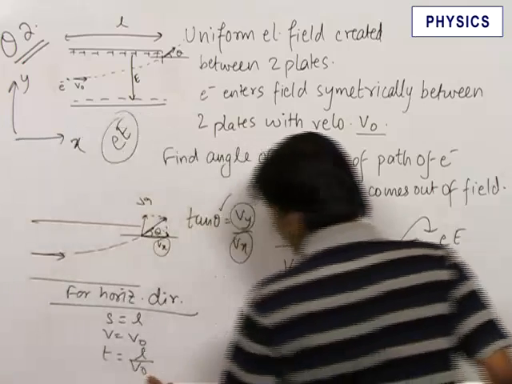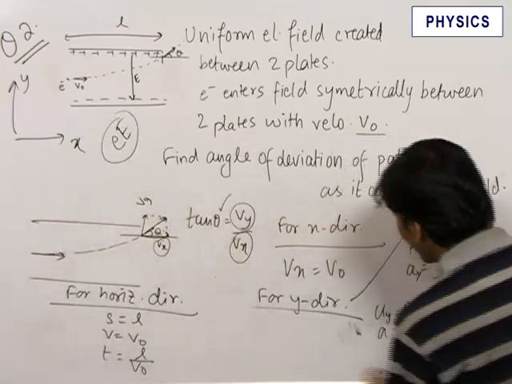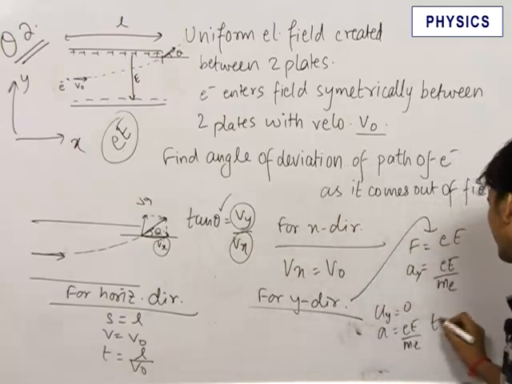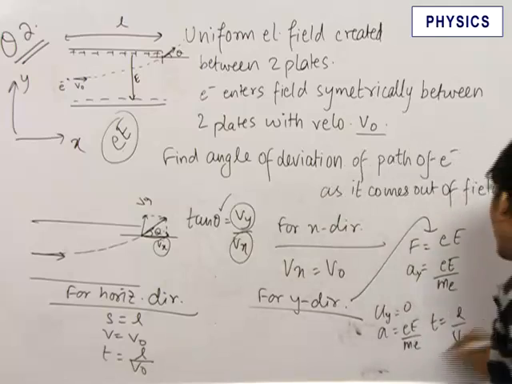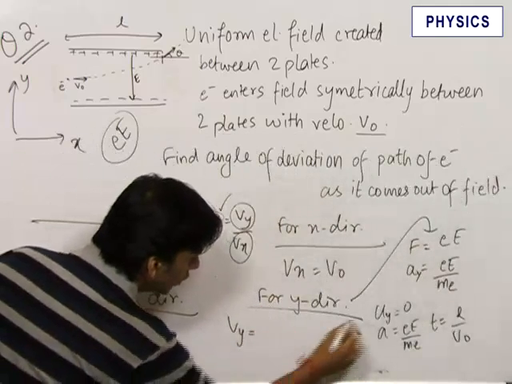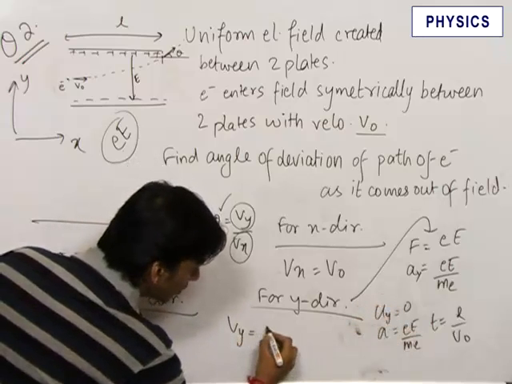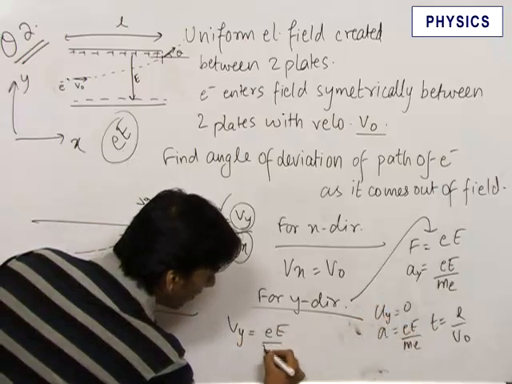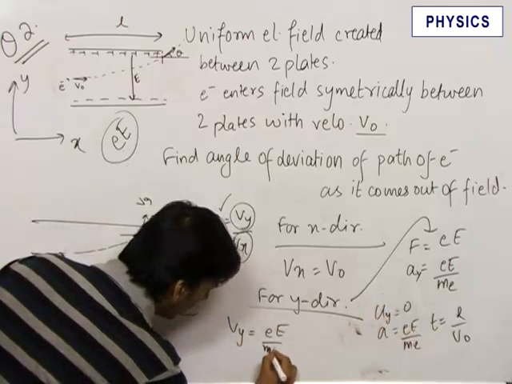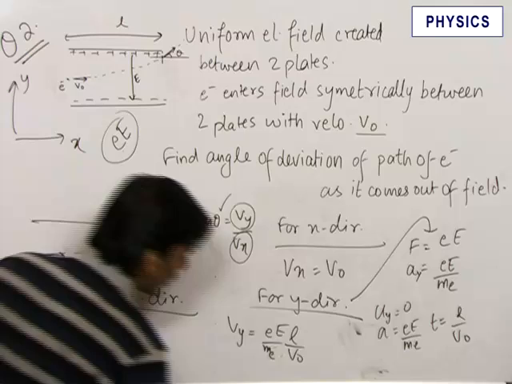We need to find out the velocity developed in the vertical direction after this time, therefore we write the time is equal to L upon v0. So the final velocity in the y direction comes out to be Vy is equal to Uy, that is 0, plus at, that is equal to eE upon m into L upon v0.